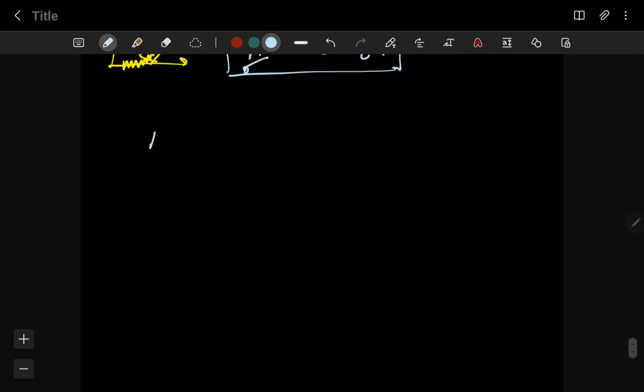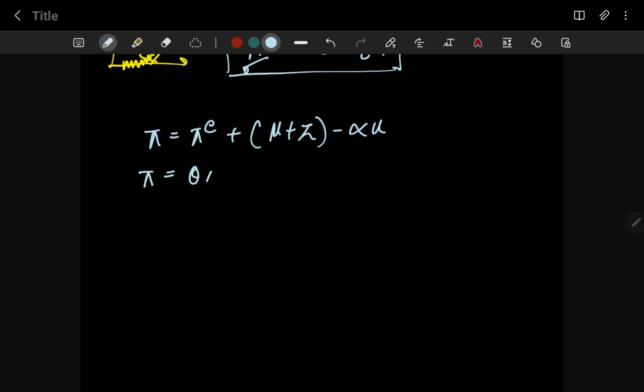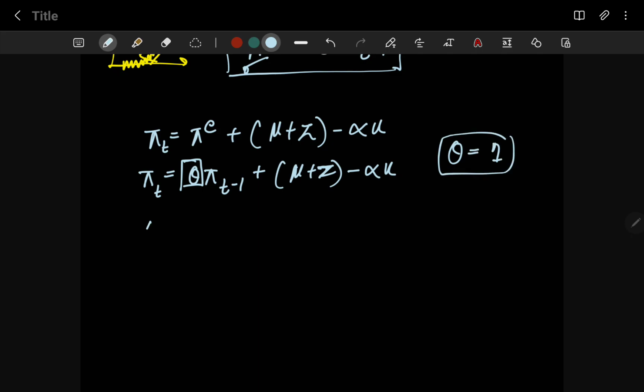Now if we put that in our previous equation, we may write it as pi t equals theta times pi t minus 1, plus mu plus Z minus alpha U. Now let this theta be 1.